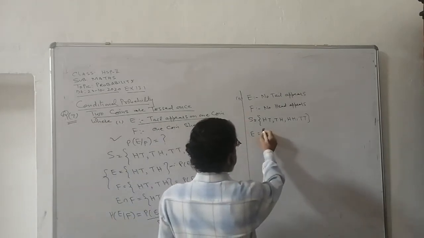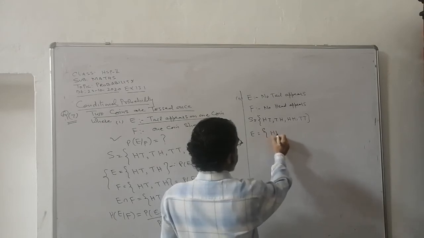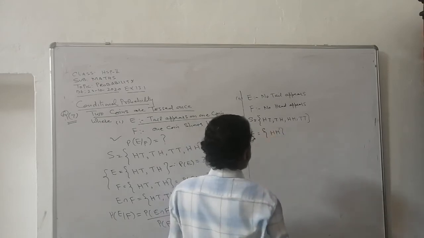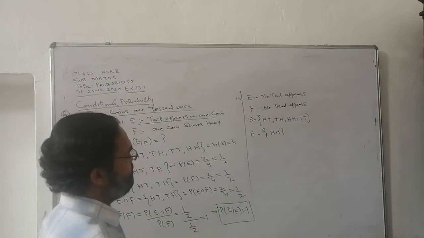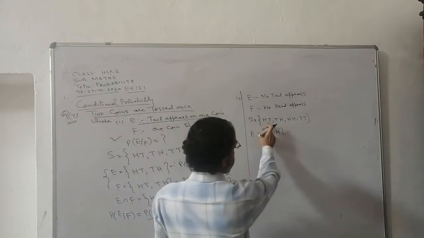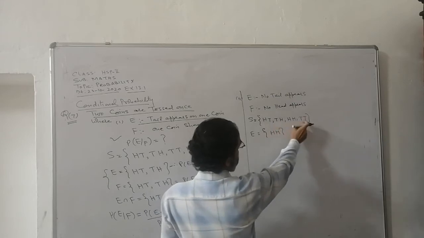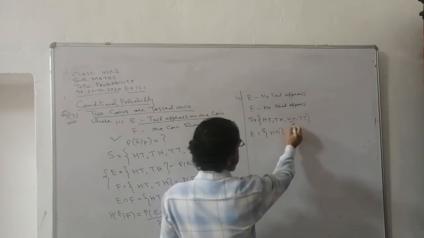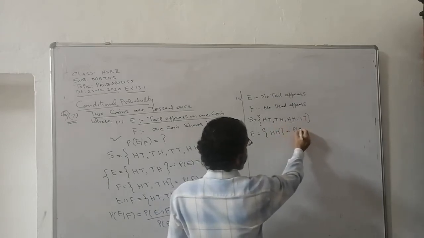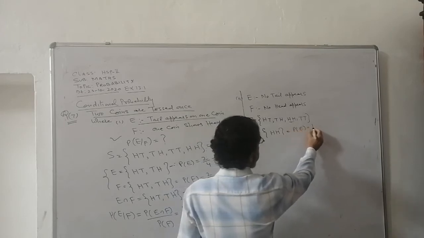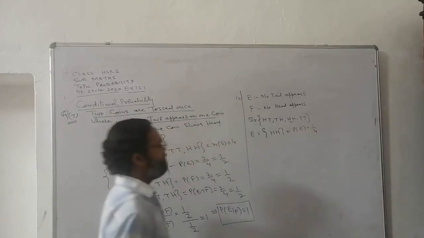No tail appears means only one point. Here is head, here is also head, only one point. That is, probability of E will be 1 upon 4.